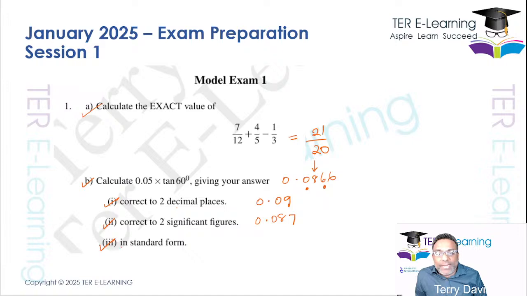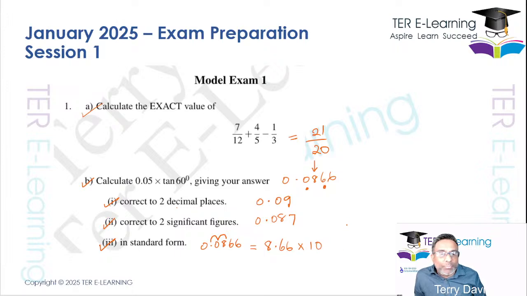And then the final part here, we want the answer in standard form. Those of you doing physics will find this easy. So 0.866, right? And you want to write this in standard form here, right? All we need to do is to move your decimal place 2 places to the right, right? You're going to stop after you pass the first digit. So it's going to be 8.66 multiplied by 10 to the power.